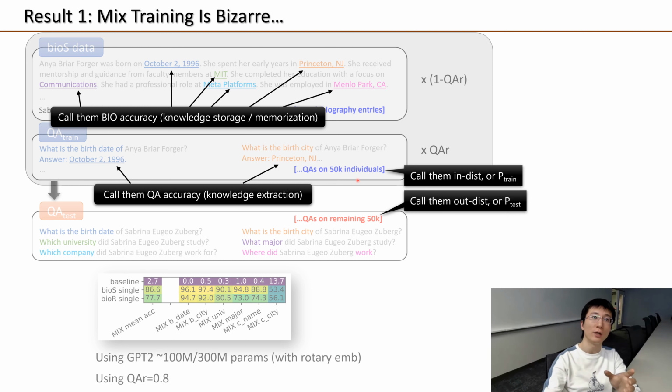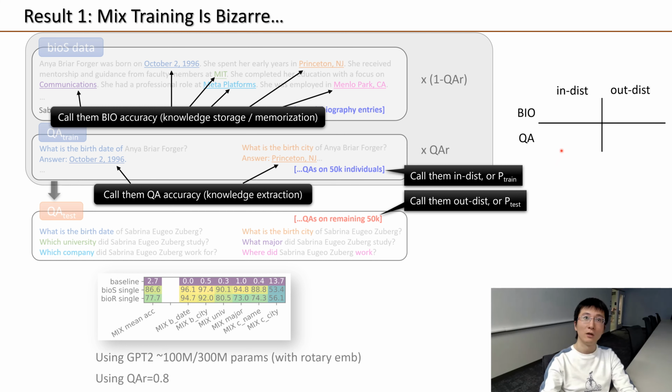The people whose QAs are in the training set, we call in-distribution people, or p-train. And the remaining half of the people whose QAs did not show up in the training, we call out-of-distribution people, or p-test. Therefore, we have 4 kinds of accuracies that we can keep track of during the entire training process. Let's see how they actually increase, or which one increases first.